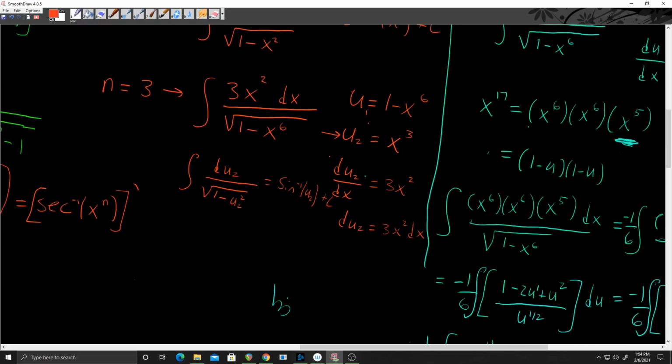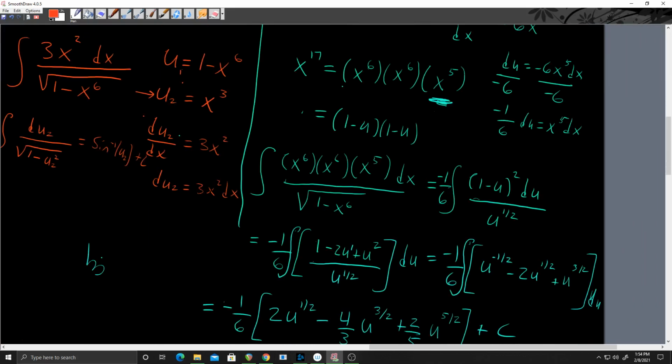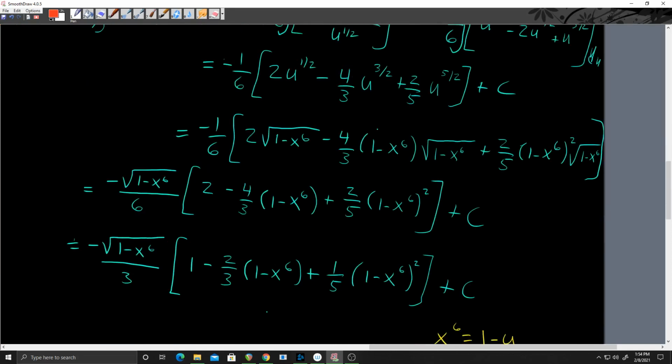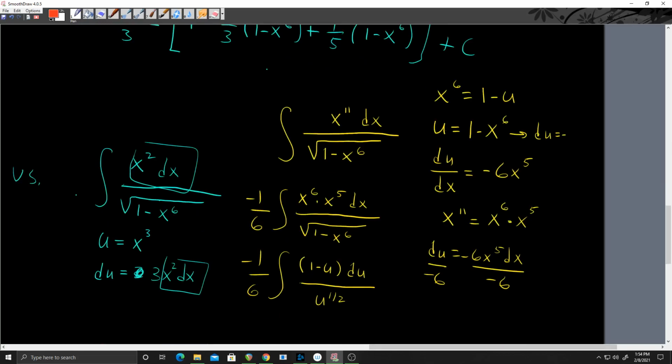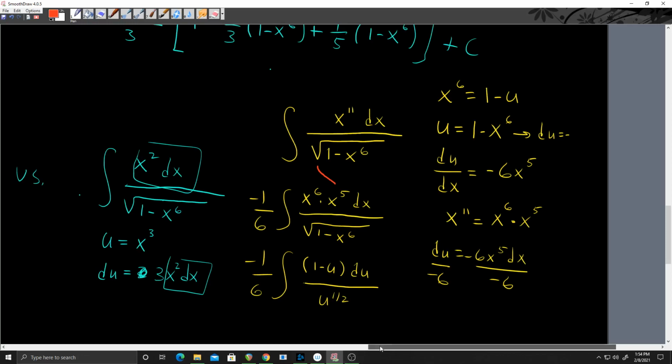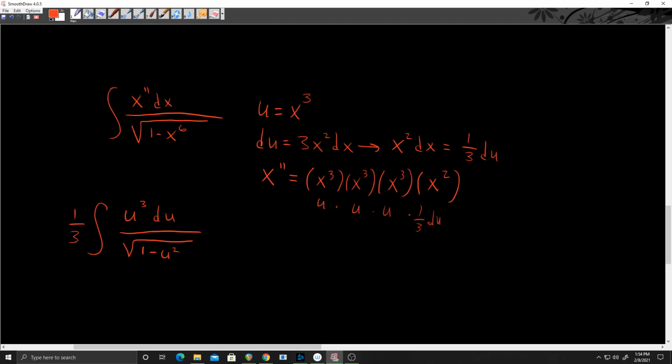Here the power is smaller, and in these other examples, the power is larger. And again, I tried my hardest to do this problem, x to the 11 over the square root of 1 minus x to the 6, with an inverse sine setup, and you can see what happens.